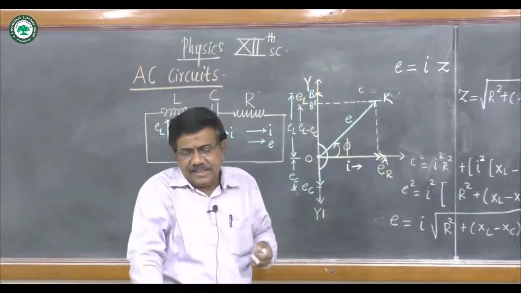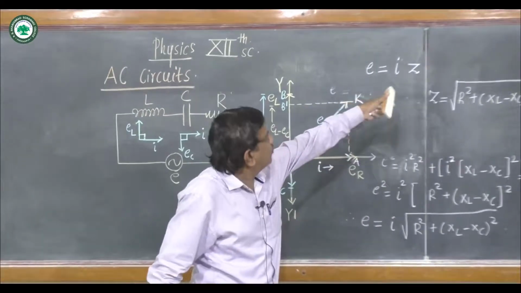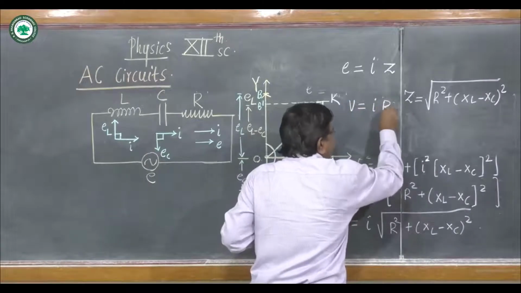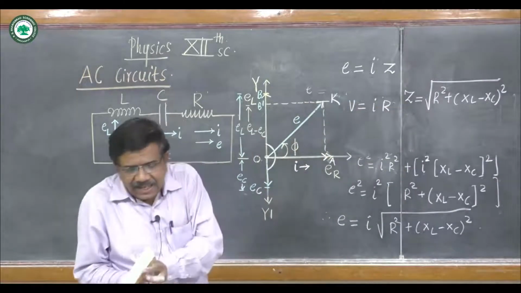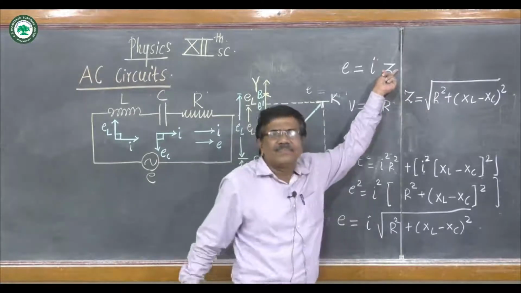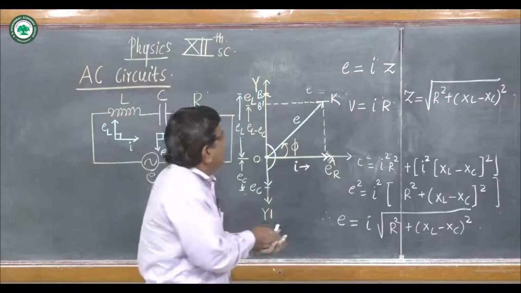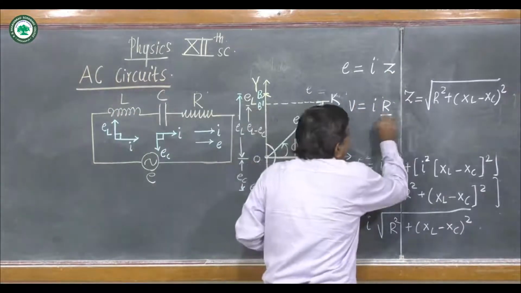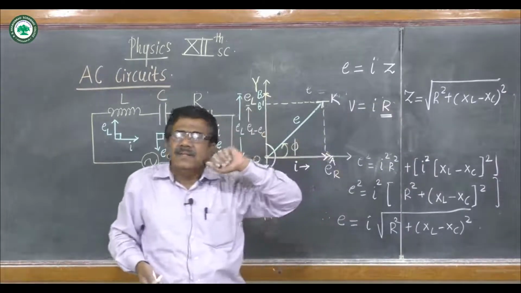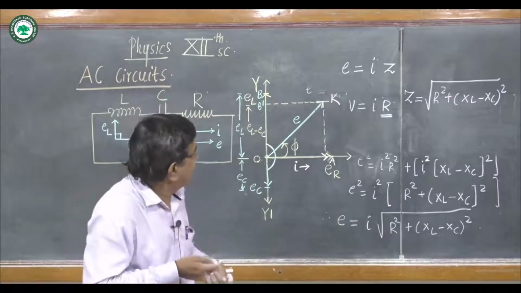If we compare it with V is equal to IR, then this quantity Z in the series LCR circuit is the same as the resistance.